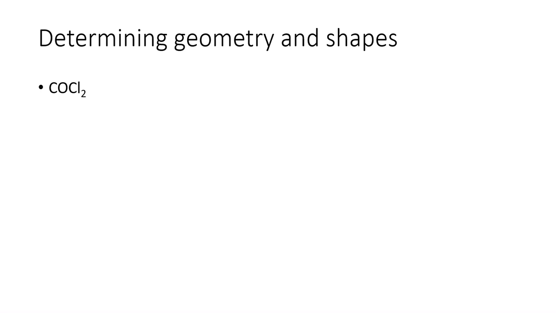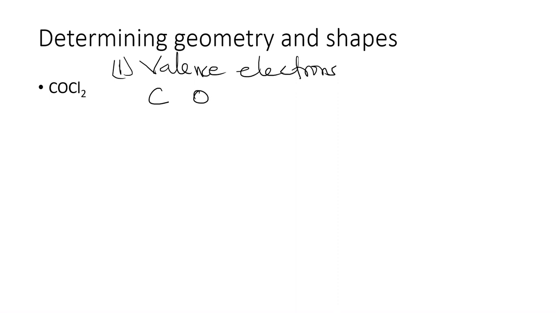Now we have this molecule here. We use the same rules. Count valence electrons. Here we have carbon, we have oxygen, and we have 2 chlorine.